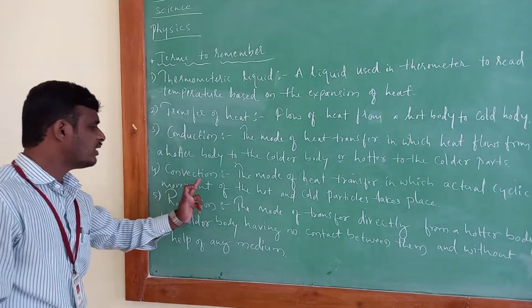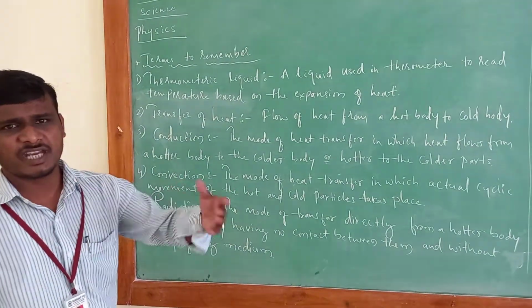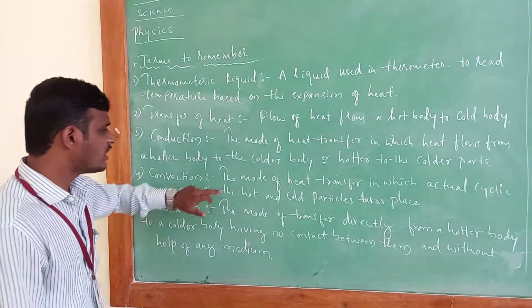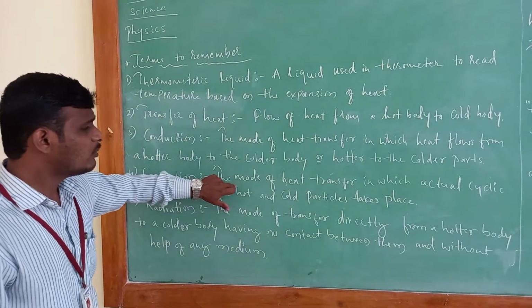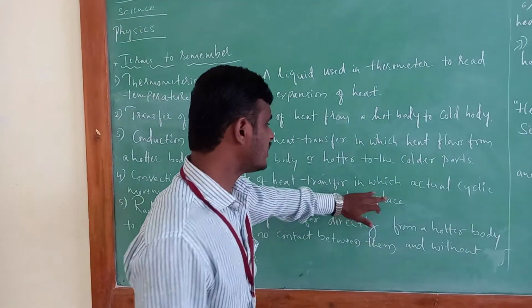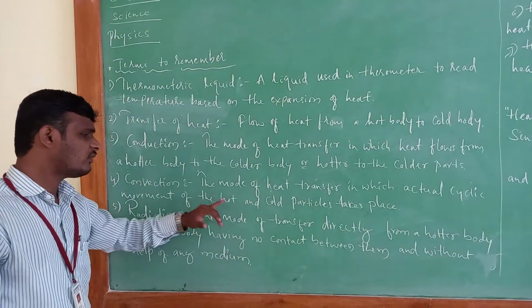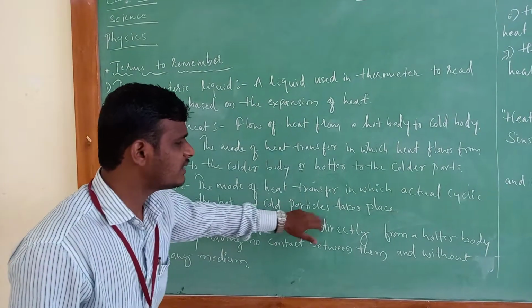Next is convection. This is also another method of transferring heat from one body to another. The definition of convection is the mode of heat transfer in which actual cyclic movement of hot and cold particles takes place.